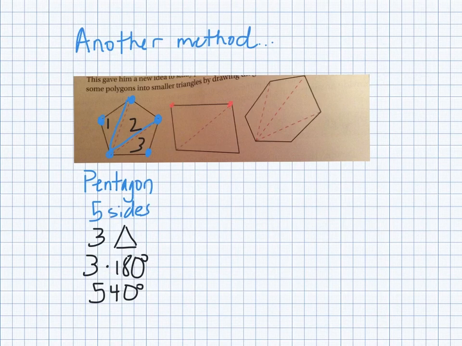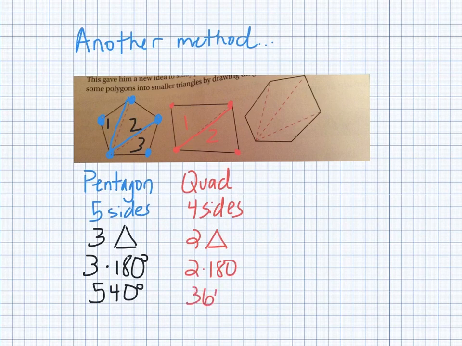Take each vertex, put an endpoint, choose one of those vertices, draw a line segment across without intersecting any other line segments. Get 2 triangles. So in this case we have a quadrilateral, a 4-sided figure. It's irregular. 2 triangles. Each triangle is 180 degrees for a total angle sum of 360 degrees.